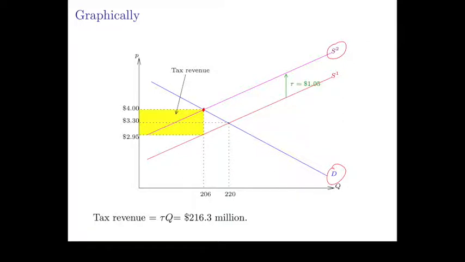So the equilibrium price with the tax is going to be $4 from the consumer's perspective, and the quantity is going to be 206 million. Now, what is the government's revenue going to be? Well, remember, out of the $4, the government collects $1.05.